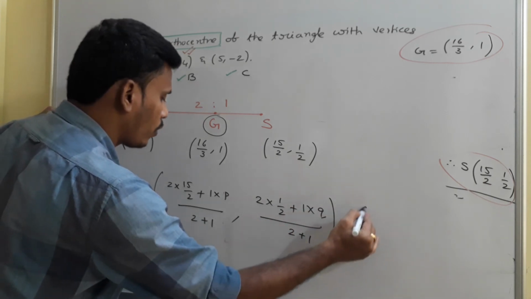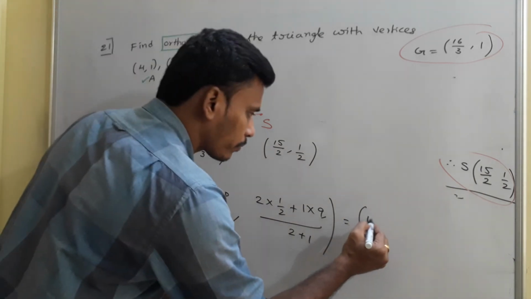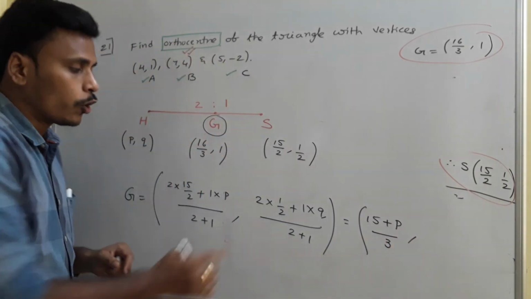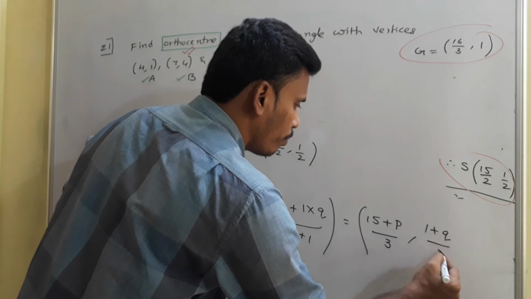When you calculate it, what will happen? 2 into 15 by 2 is 15, plus P. So 15 plus P divided by 3, comma 2 into 1 by 2 is 1, plus Q, 1 plus Q by 3.